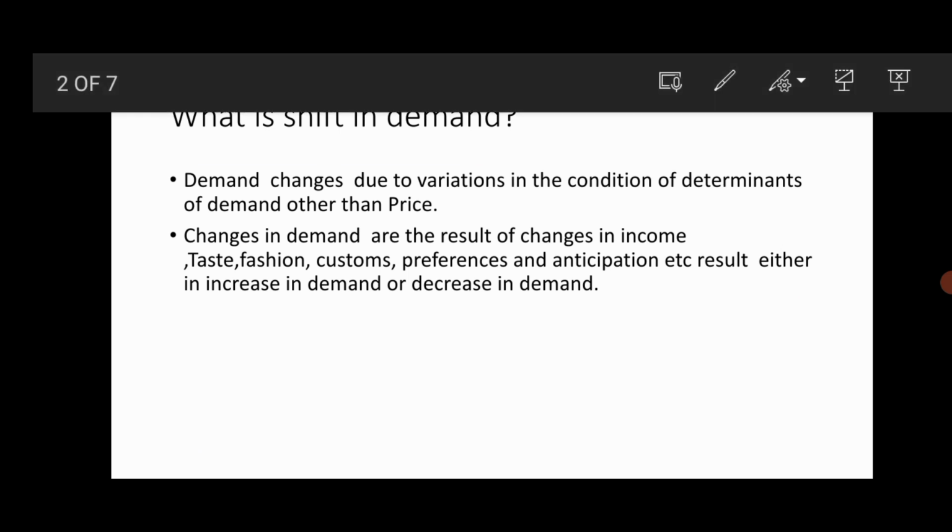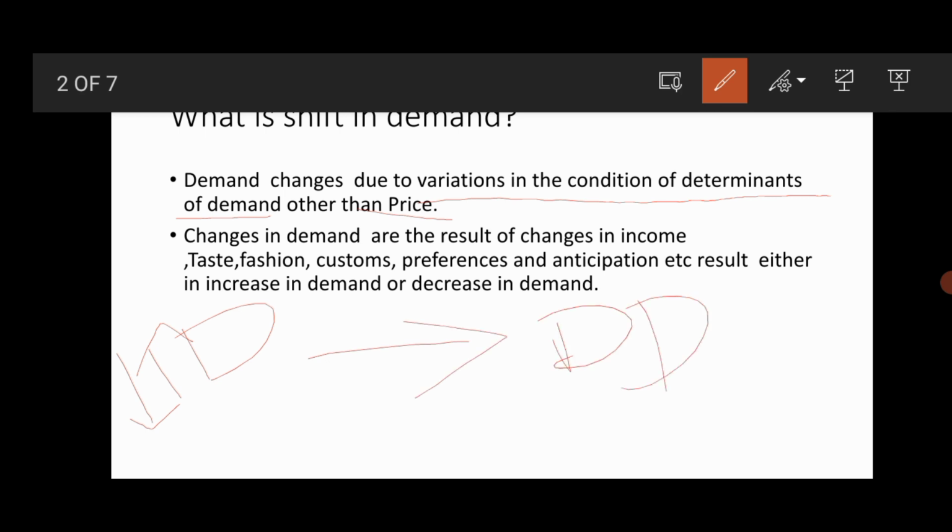Demand which changes due to variation in the condition of determinants of demand other than price. So here demand changes. Demand either increases or decreases, that happens due to change in the determinants of demand.